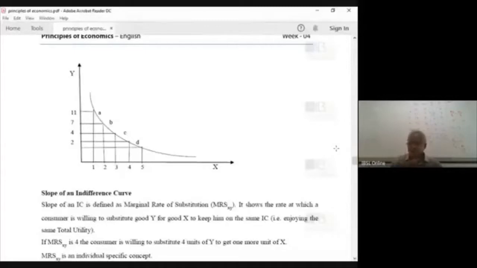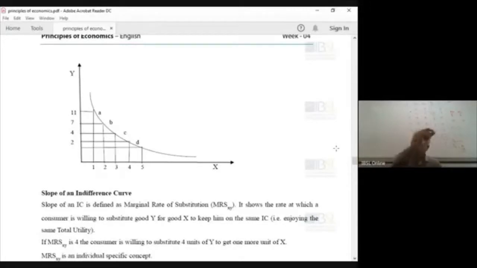Now you are slightly better off. You have 7 Y, 2 of X. Then you get 1 more unit of X, 2 to 3. You are willing to give up only 3. Initially 4, now 3. Then C to D, you are willing to give up only 2. Then D to E, you are willing to give up only 1. What will happen?